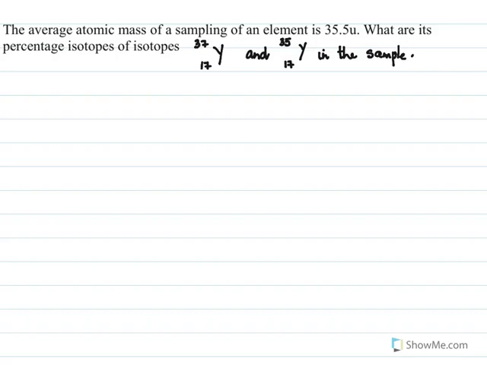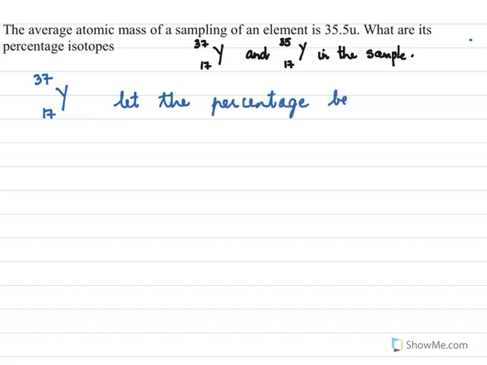The average atomic mass of a sample element is 35.5. What are its percentage isotopes? We have 2 isotopes here. One is Y 37, 17. So we'll say let the percentage be X. And we have another one that is Y 35, 17.